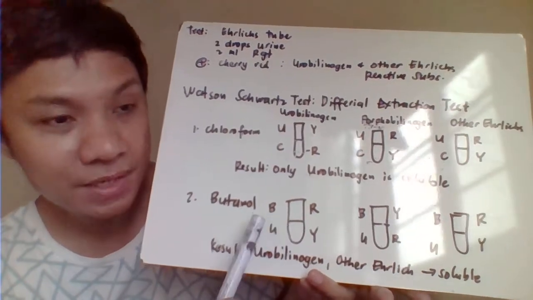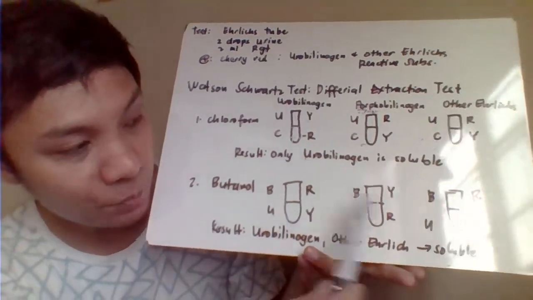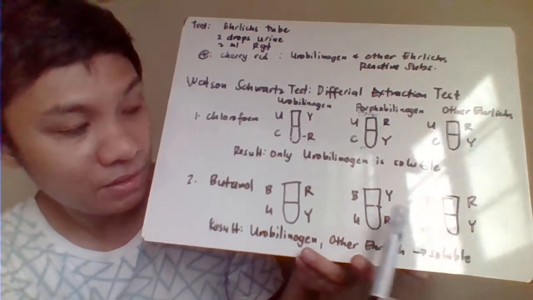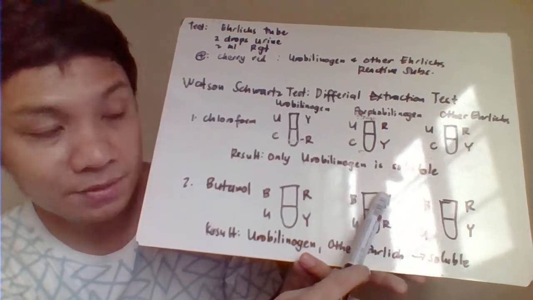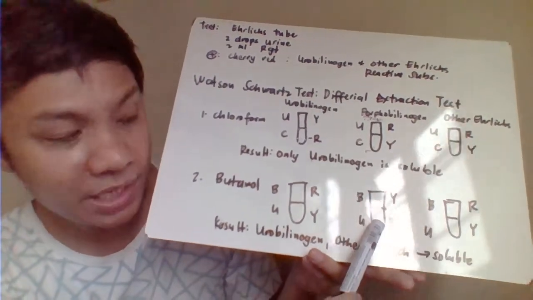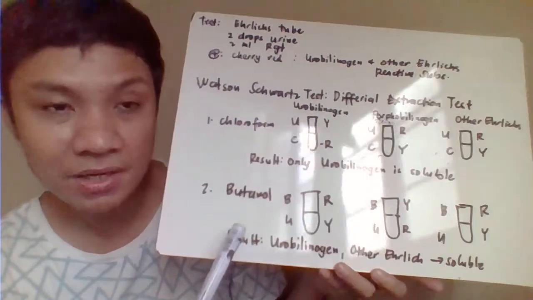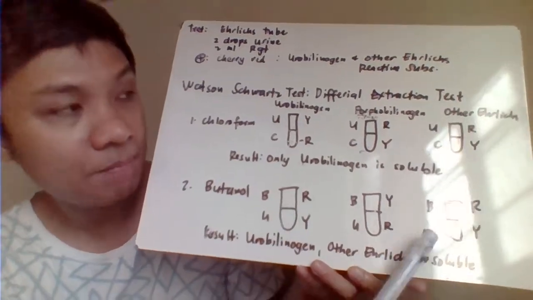So urobilinogen is soluble in butanol. The same reaction occurs with other Ehrlich's reactive substances. For porphobilinogen, the butanol is yellow, meaning it is not soluble here, and the urine is red. So with the butanol extraction test, the only soluble ones are urobilinogen plus other Ehrlich's reactive substances.